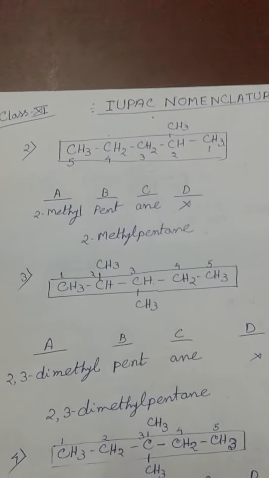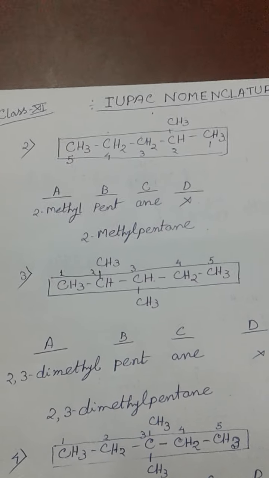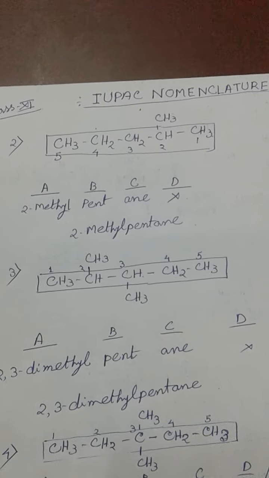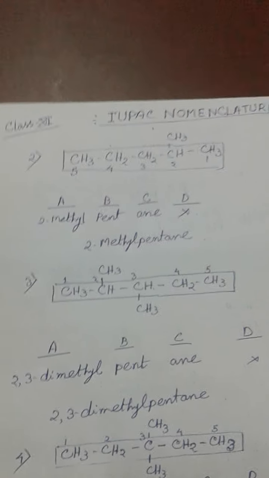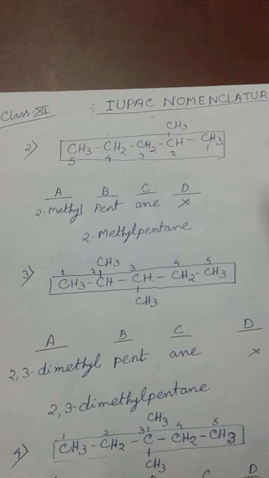as the rule says, the side chain always gets the minimum locant, so we must start from the right side.